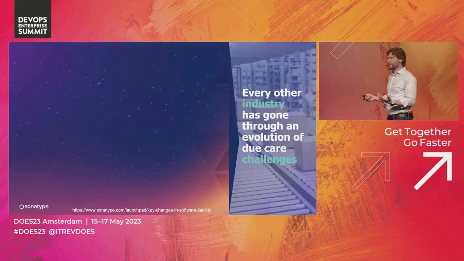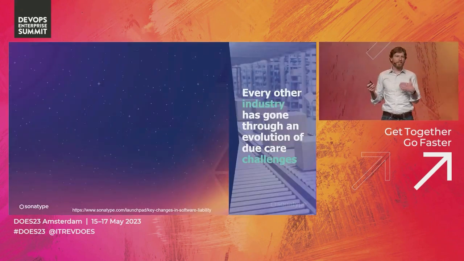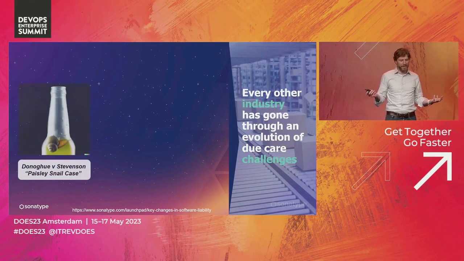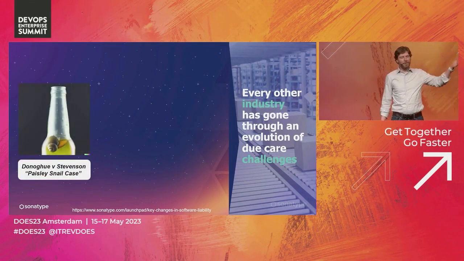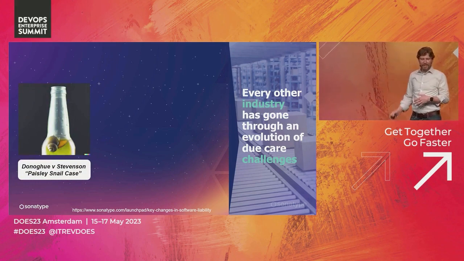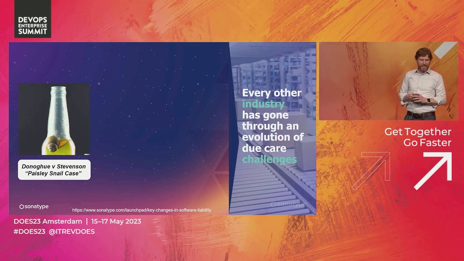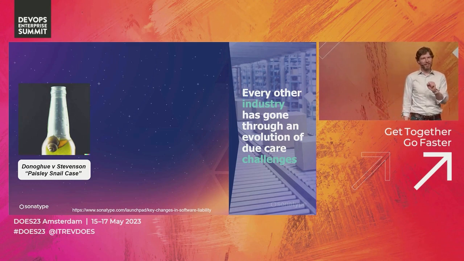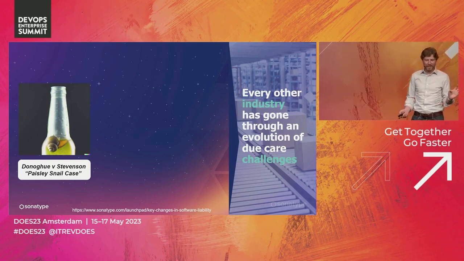And it shouldn't be a surprise that this is happening, because this has happened to literally every other industry that's reached a certain level of maturity, right? In the food and beverage industry, there was the Paisley snail case. This was back in 1932, in England. Someone got a beer. There was a snail in that beer. They didn't notice. They drank the beer and they got sick, right? The snail had tainted the beer.